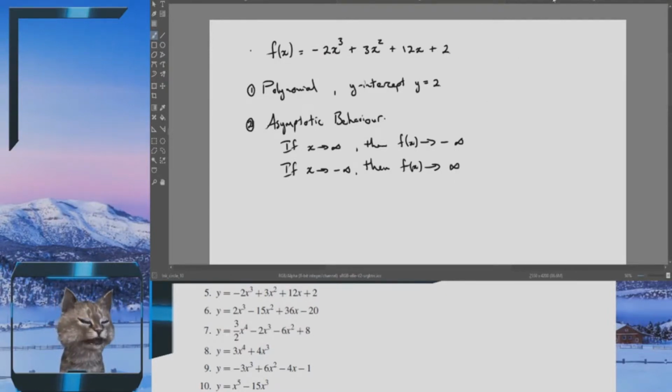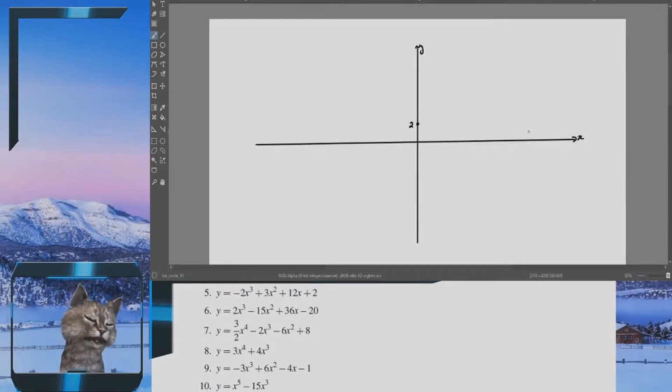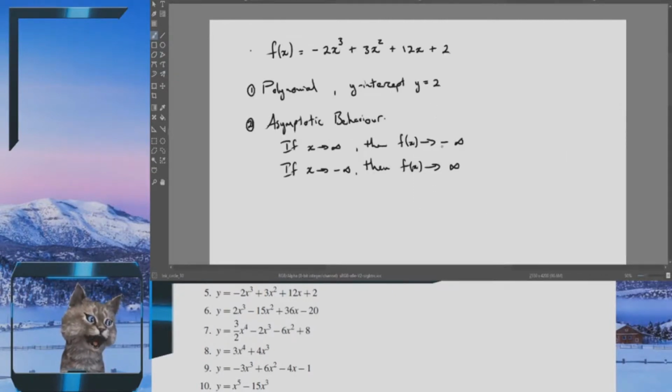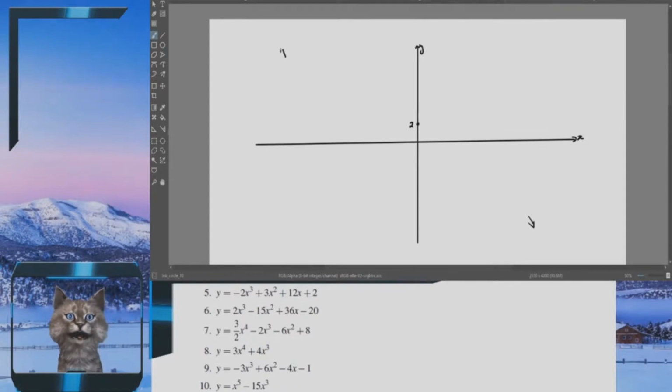So I can indicate that to remind myself that after all the ups and downs are done, the graph is going to go down on the right and up on the left. So as I'm completing these steps, more and more information will get put in the graph, and this is just a rough sketch of all the information that I can clean up later.